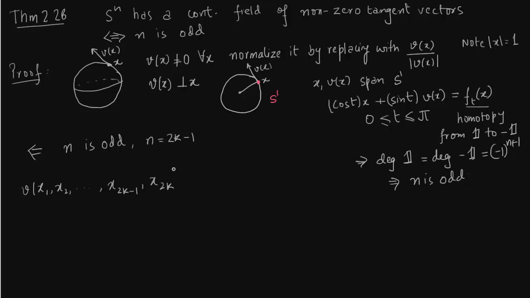So this will be easy if we simply show that the antipodal map is similar to the map which has no fixed points. So if there is a homotopic equivalence, then degree of f is equal to degree of antipodal map, which is minus 1 raised to n plus 1. So we will be done. So we just have to show f is homotopic to the antipodal map.